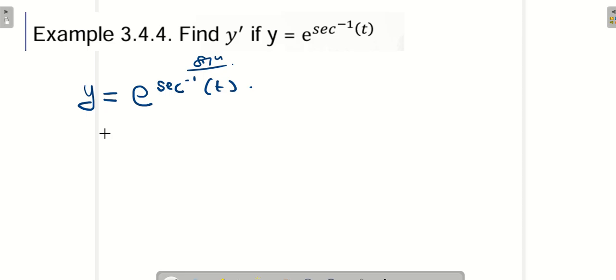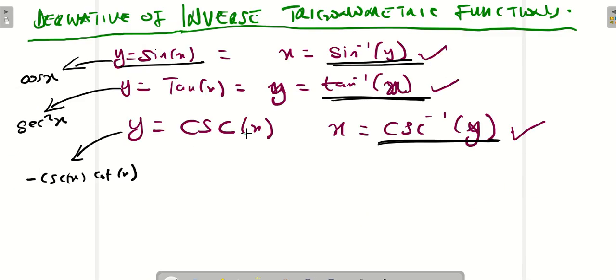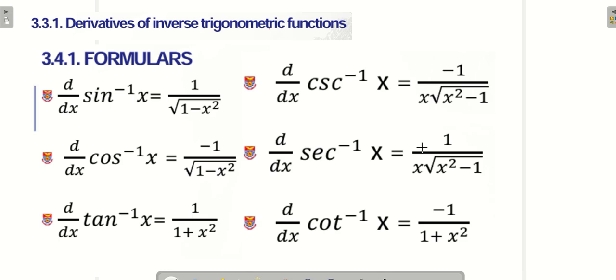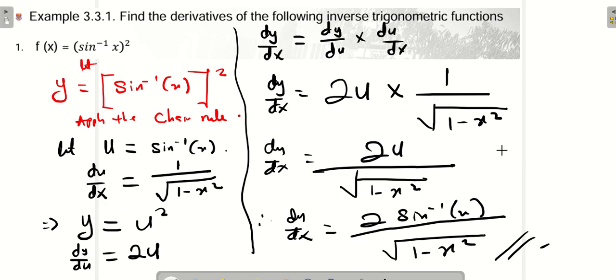So let's start by saying that let u be equal to sec inverse of t. Now you recall that in the given formulas, when you differentiate sec inverse of x, you get 1 over x root of x squared minus 1. So we are going to use this formula.